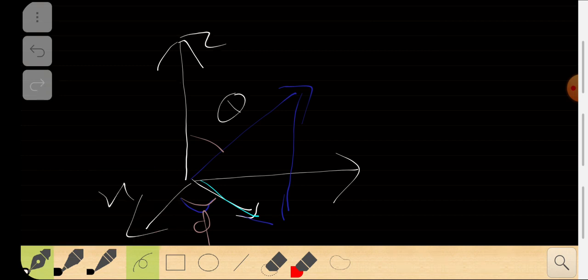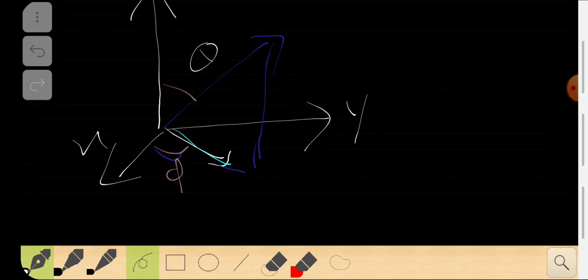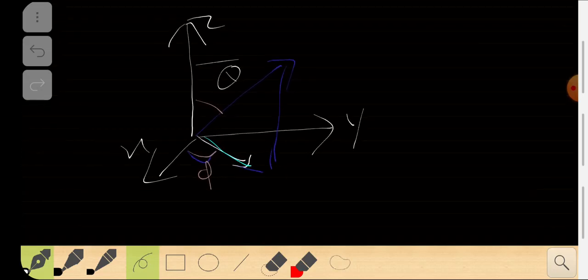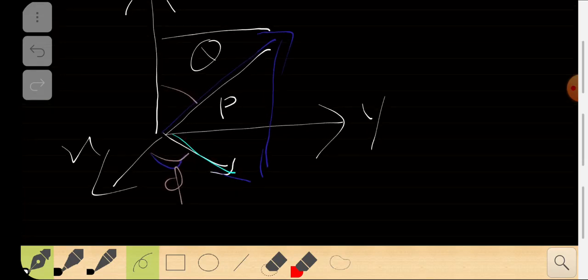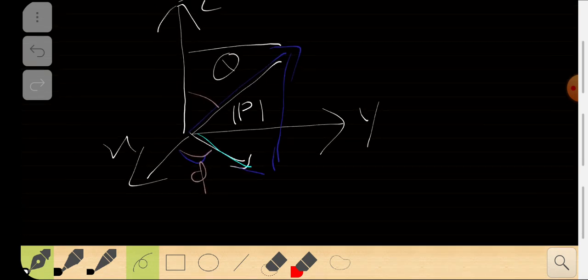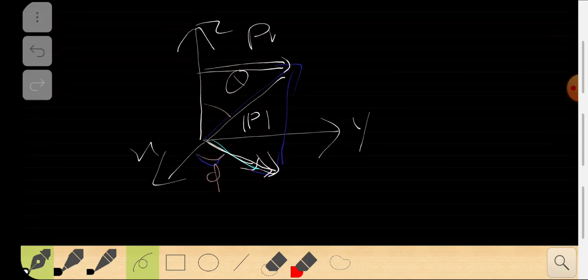This is the x-axis, this is the y-axis. It's a right-handed coordinate system. Now if you look at this triangle, the vector p has a magnitude p, so this length will be the same as this length. Those are parallel lines, so they must be the same, and this length is called pz.